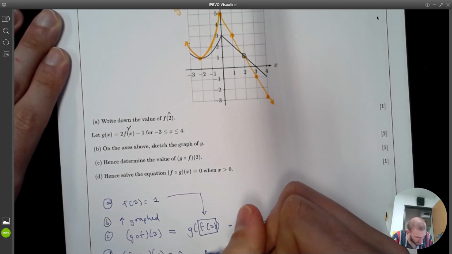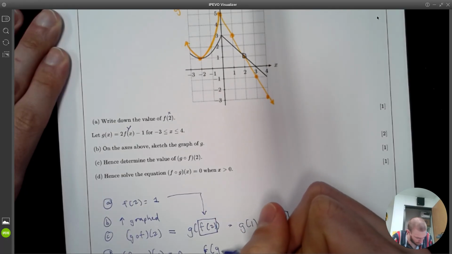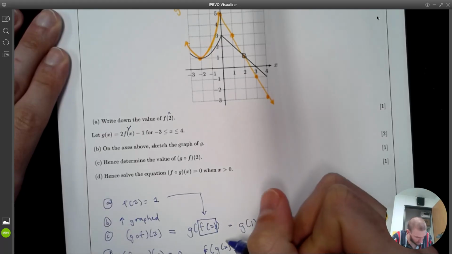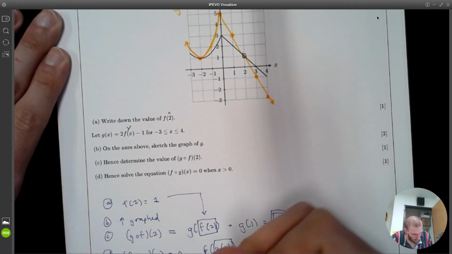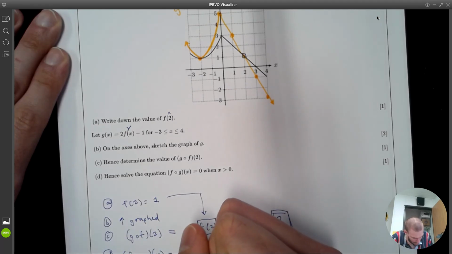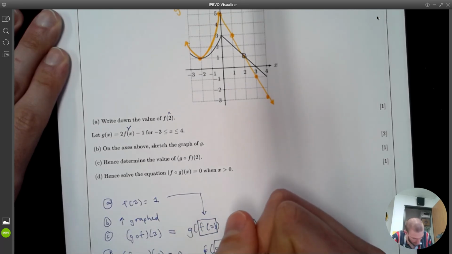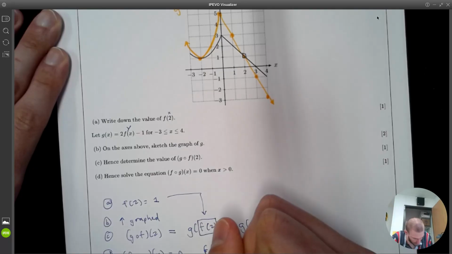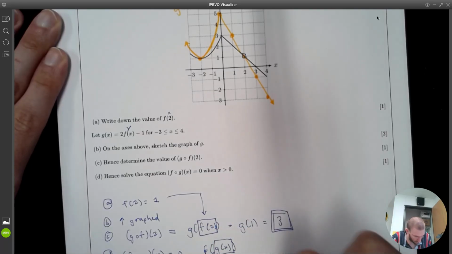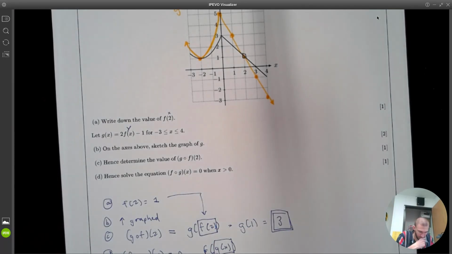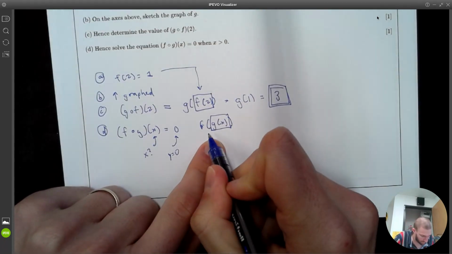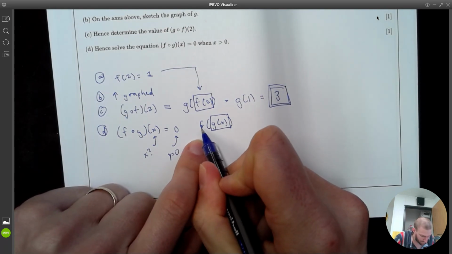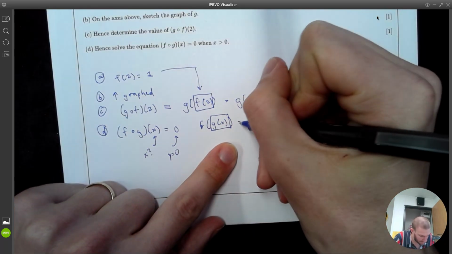That means that we're talking about f of g of x. When it says this, that means x is a variable, and that means that y is equal to 0. So we need to figure out the place where f of x is 0.